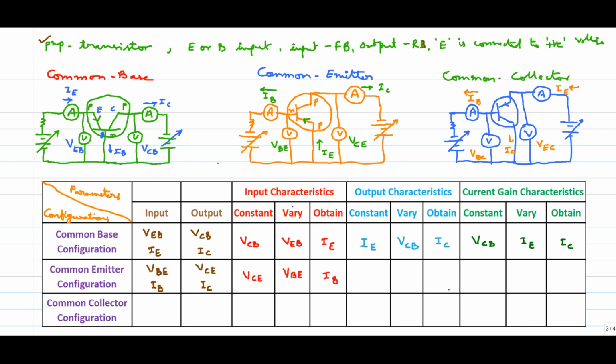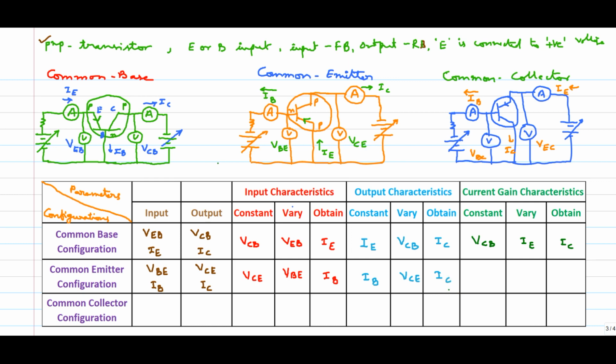Coming to output characteristics, we make input current IB constant, vary output voltage VCE, and obtain output current IC.